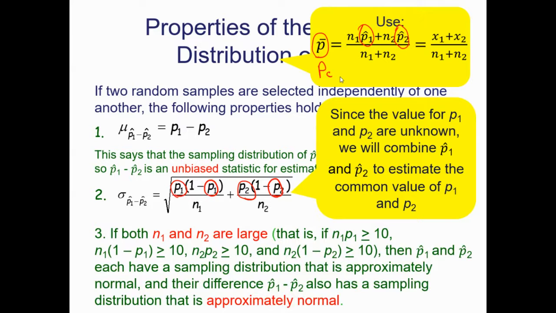Now, our other condition is that if both N1 and N2 are large, meaning N1 times P1 is greater than or equal to 10, N1 times 1 minus P1 is greater than or equal to 10, same story for N2, then P1 hat and P2 hat each have a sampling distribution that's approximately normal, which means their difference has a sampling distribution that's approximately normal.